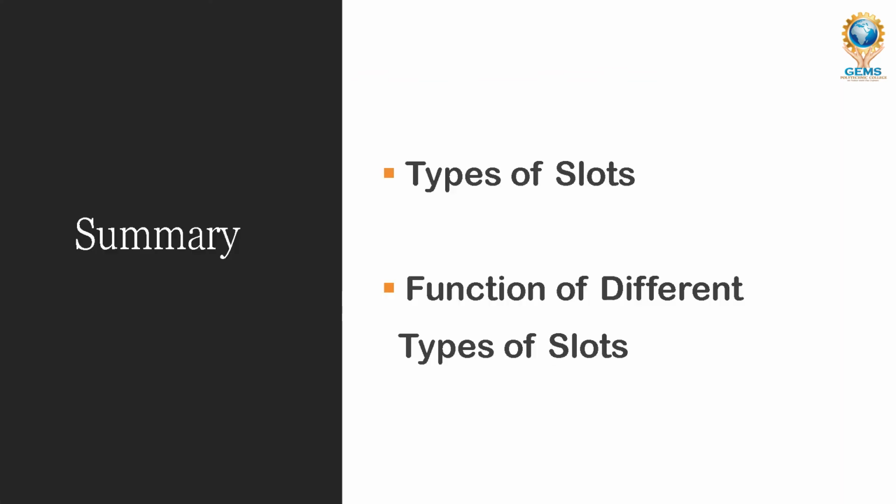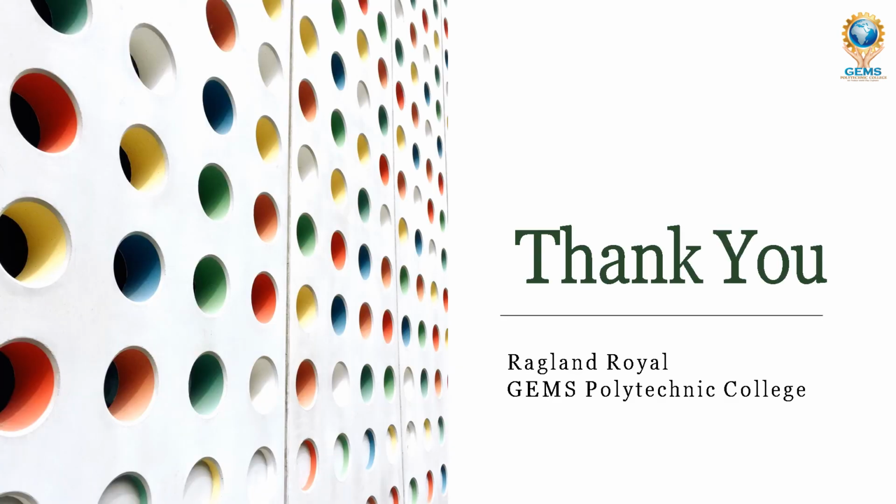So in this video, we have seen the different types of slots that function in the motherboard, and how the different types of slots were introduced over time and how they were upgraded. Thank you.